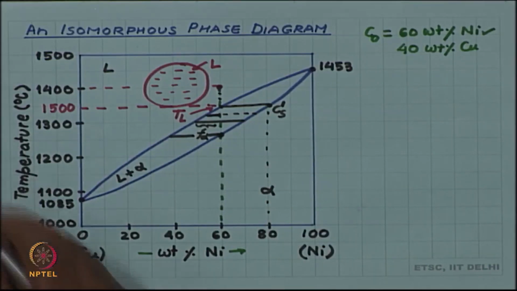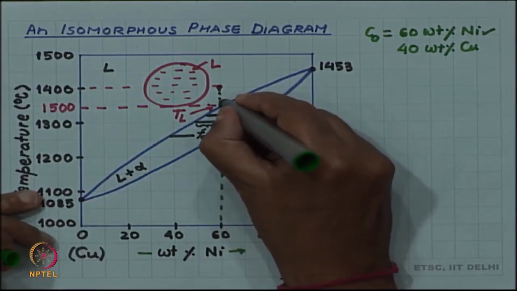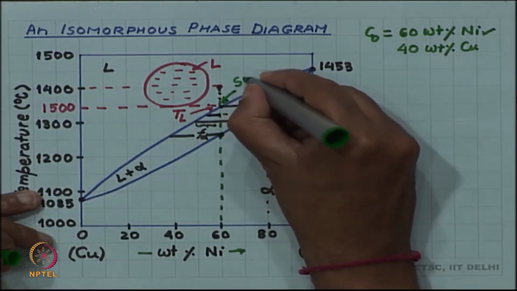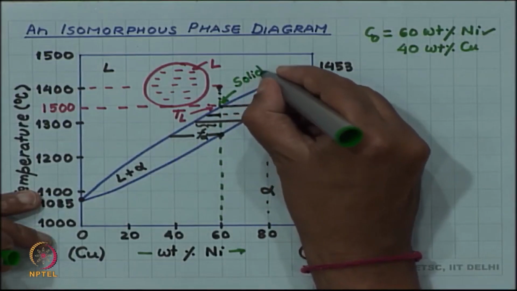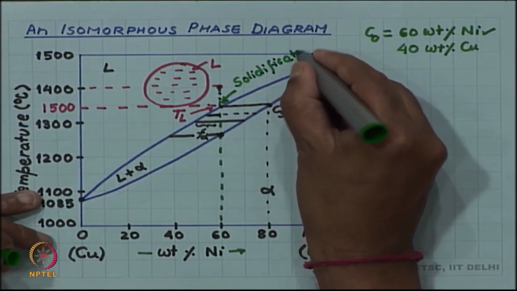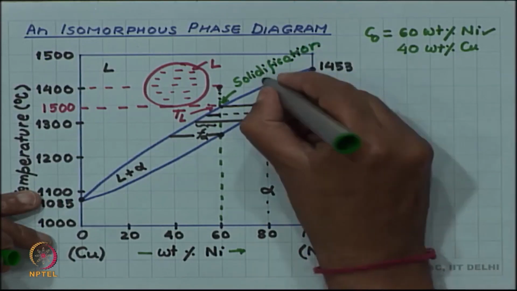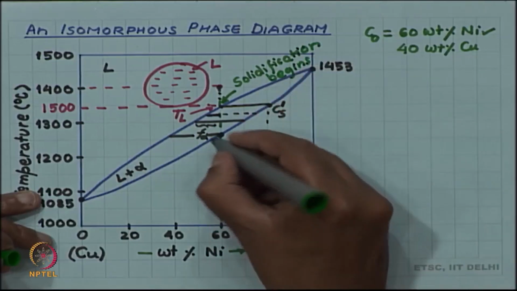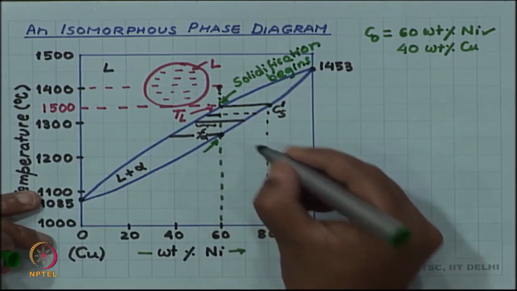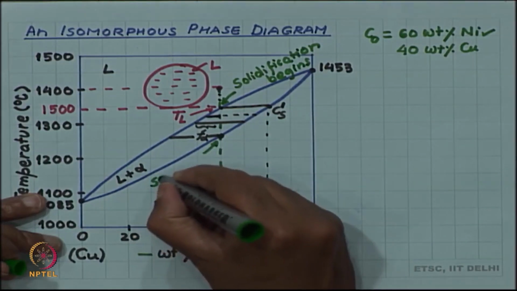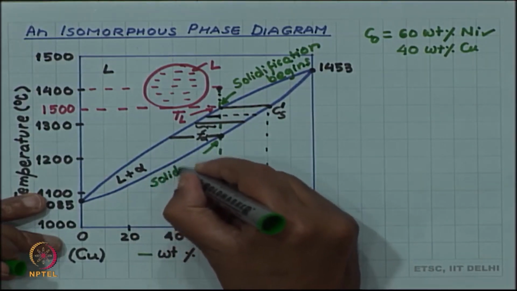So, we can write that where it intersects the liquidus boundary, that is where solidification begins, and where it hits the solidus boundary the solidification completes.